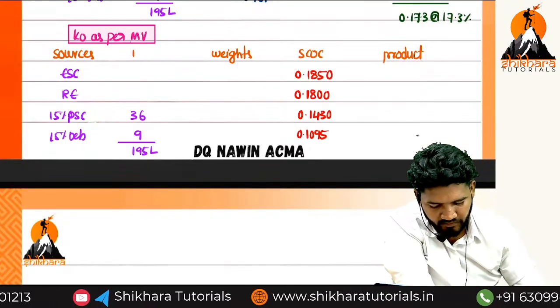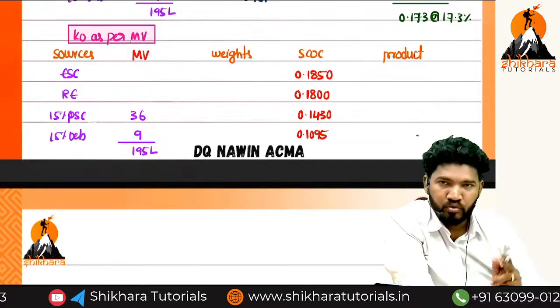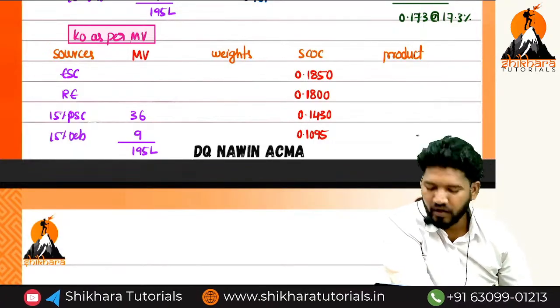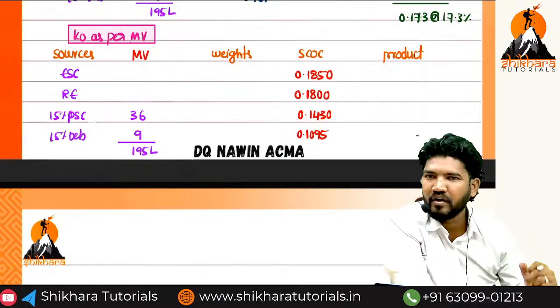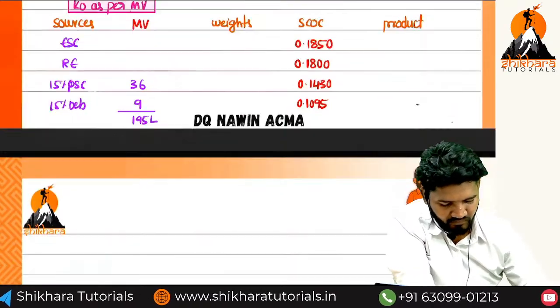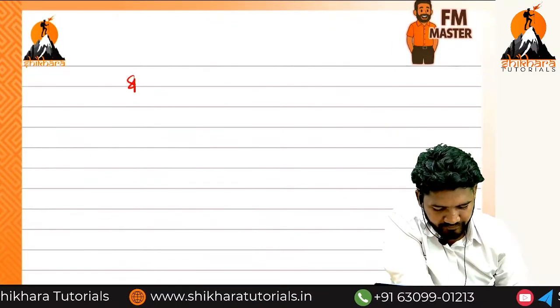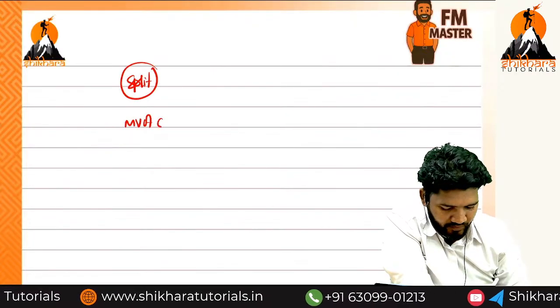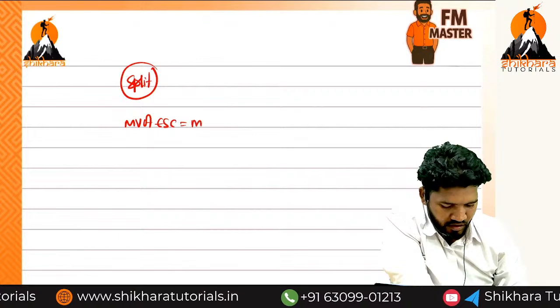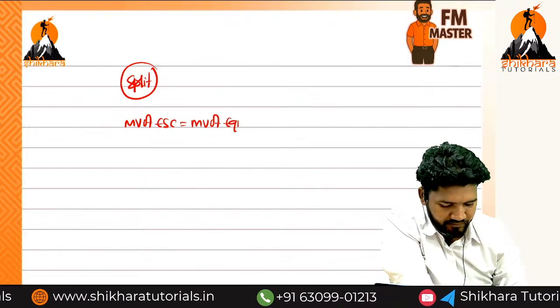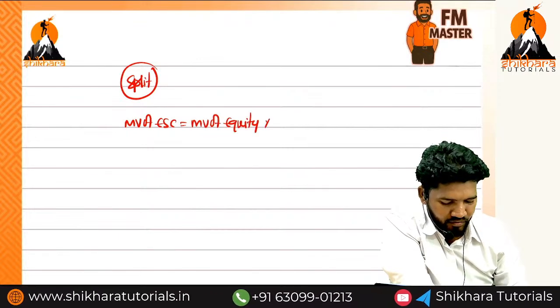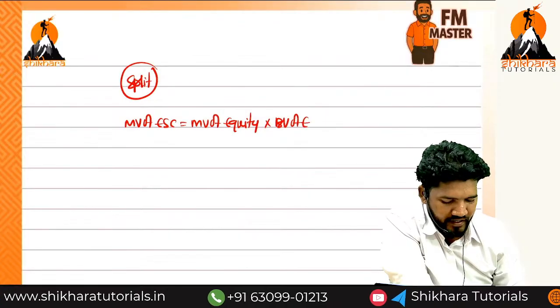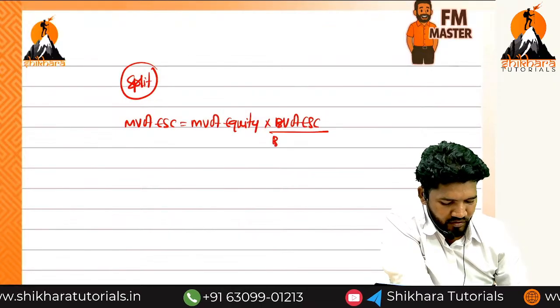Yes or no? Why? 200 lakhs is the equity value. I want equity share capital and I want retained earnings. Now do the working note for split. Market value of equity share capital equals market value of equity into book value of equity share capital divided by book value of equity.